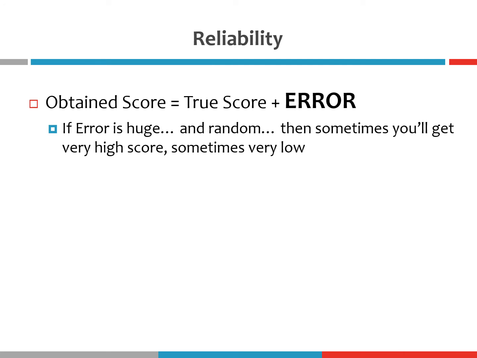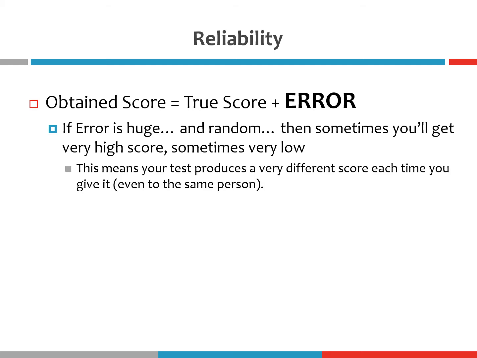Well, the obtained score is the true score plus error. If our error term is very large and random, or something that fluctuates, then sometimes you might get a very high score and sometimes a very low score.